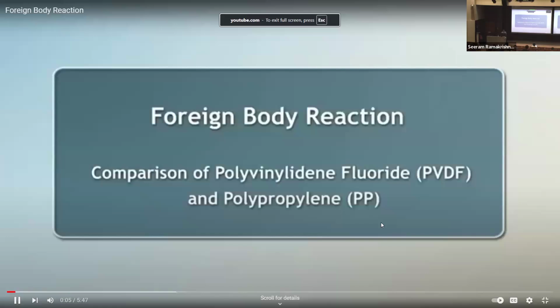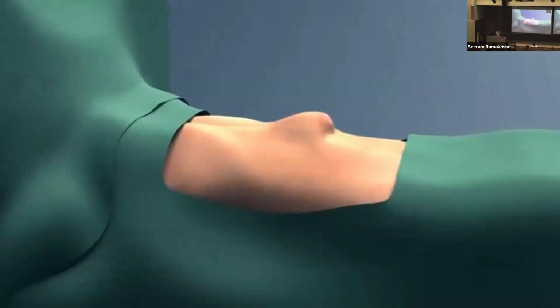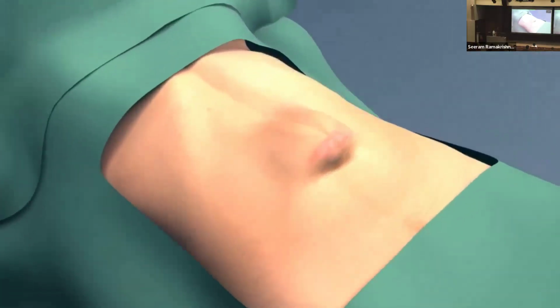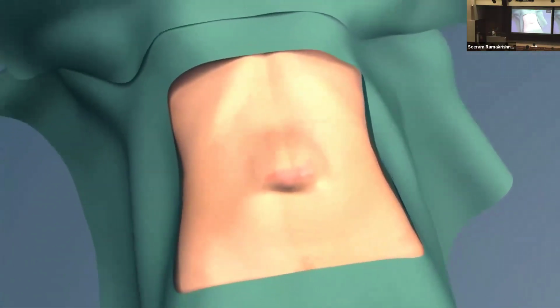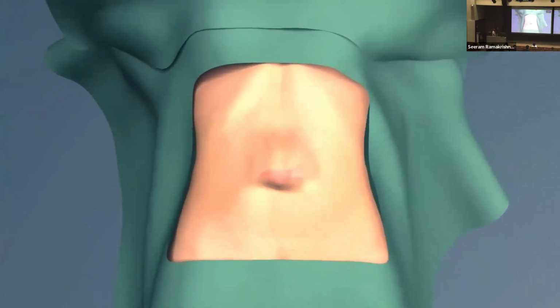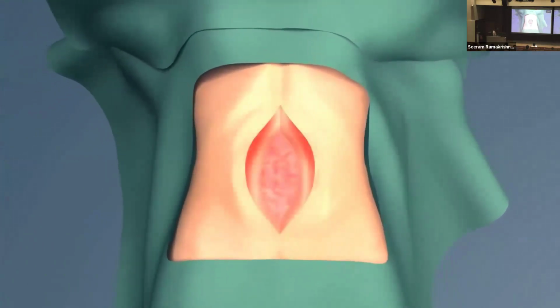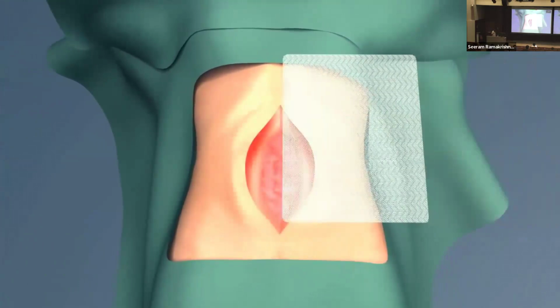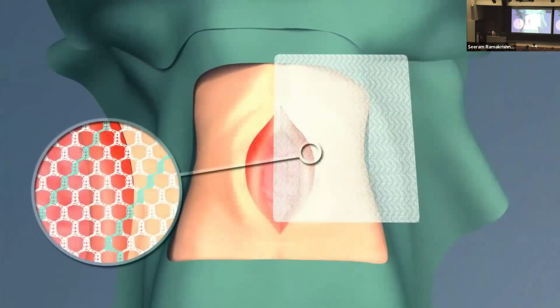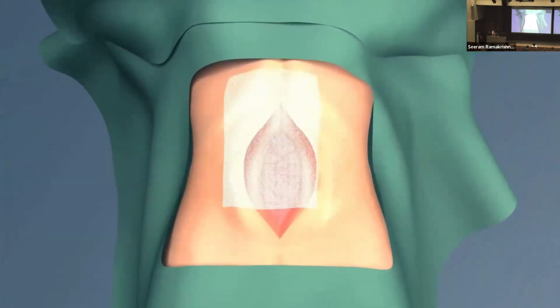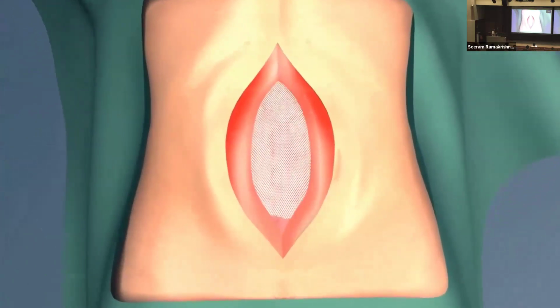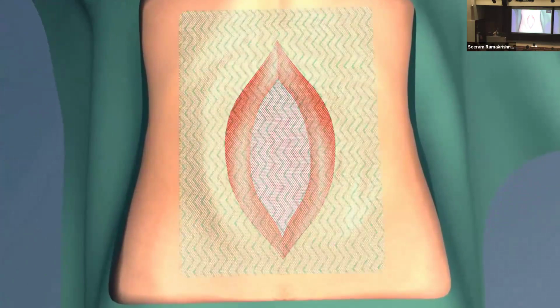Polyvinylidene difluoride and polypropylene on foreign body reaction, a comparison. Have you ever wondered what actually happens when you, the surgeon, implant a mesh? How does the tissue react to the polymer and the structure?